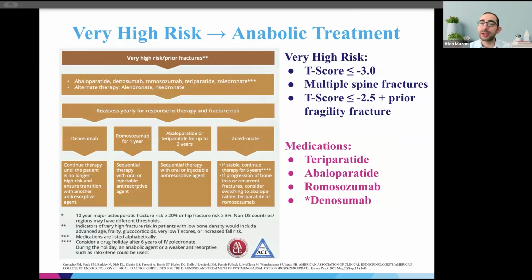Medications in this category would include teriparatide, abaloparatide, romosozumab, and again, denosumab, because of its very interesting properties.